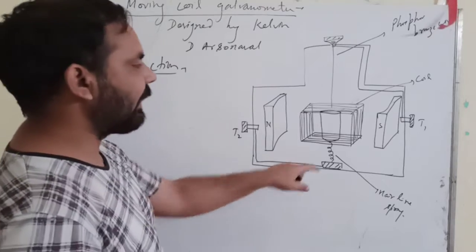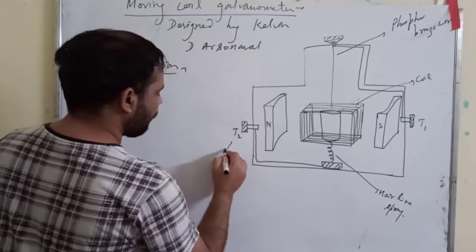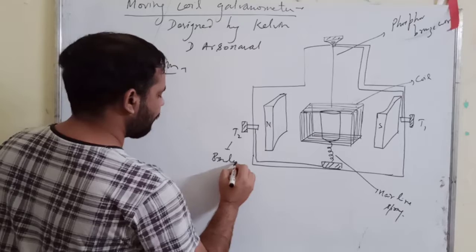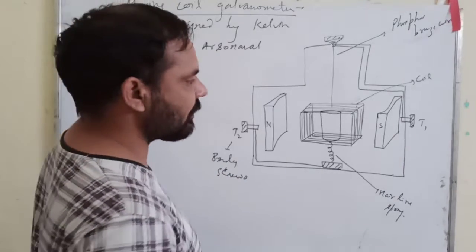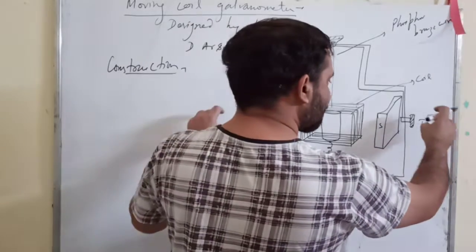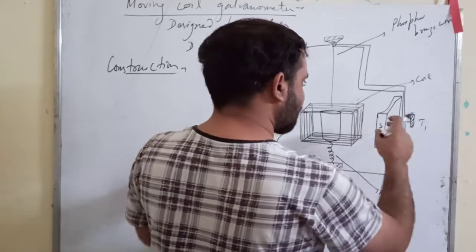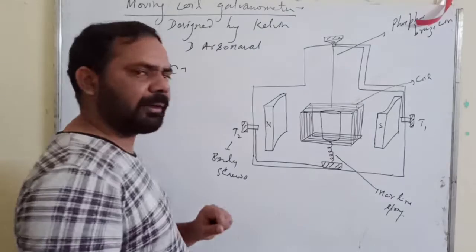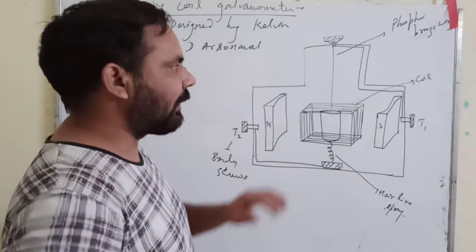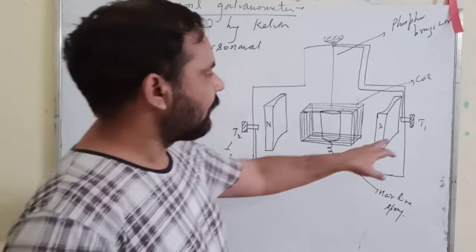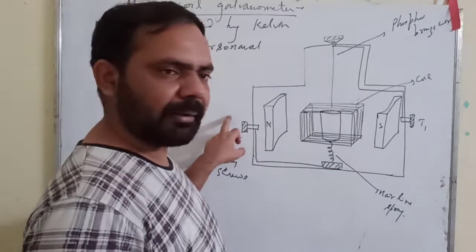These are two binding screws. Binding screw means you will connect the circuit here. Suppose you want to introduce this arrangement into your circuit, to measure a small current or to detect the presence of current in the circuit. So these two ends will be connected together.